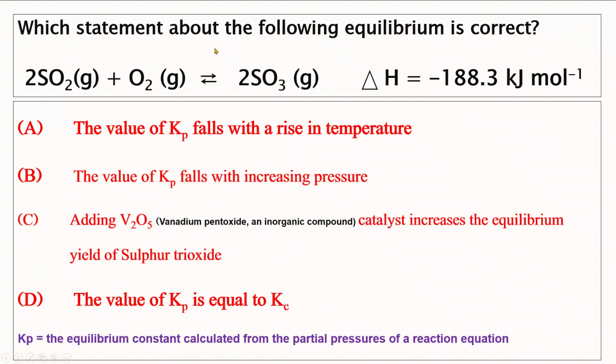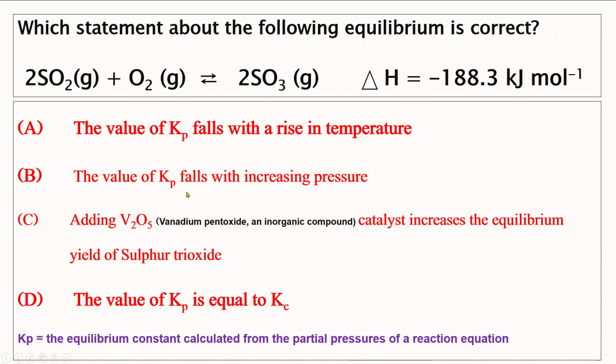Which statement about the following equilibrium is correct? 2SO2 plus O2 gives 2SO3, where delta H is equal to minus 188.3 kilojoules per mole. The value of Kp falls with a rise in temperature. Dear students, please keep in mind that Kp is the equilibrium constant calculated from the partial pressures of a reaction equation.